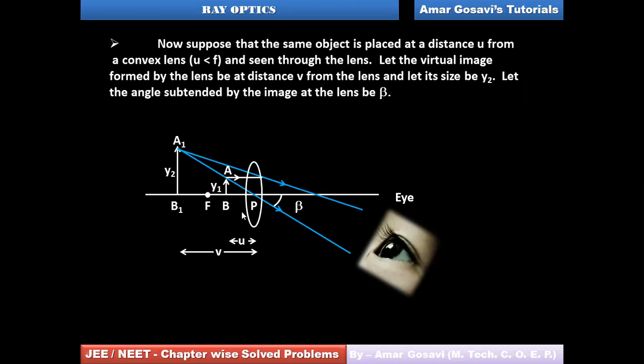Here you can see the object was placed here and this object resulted in the image over here. The size of the image is y2 and the image distance is v, and this image subtends some angle with the eye, and that is beta. So now we are interested in working out beta. Once we get beta, we have the equation for alpha. Using alpha and beta, we can find the magnifying power of a simple microscope.